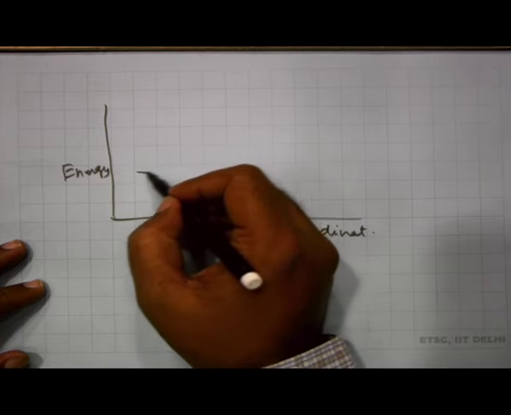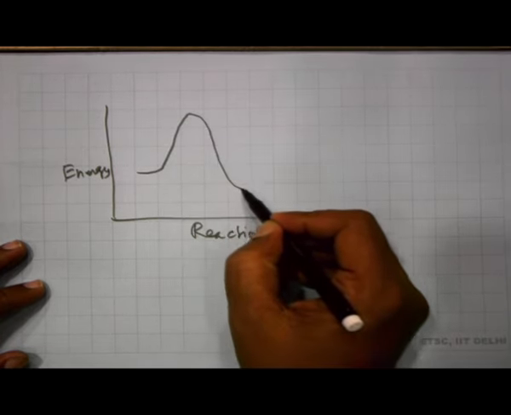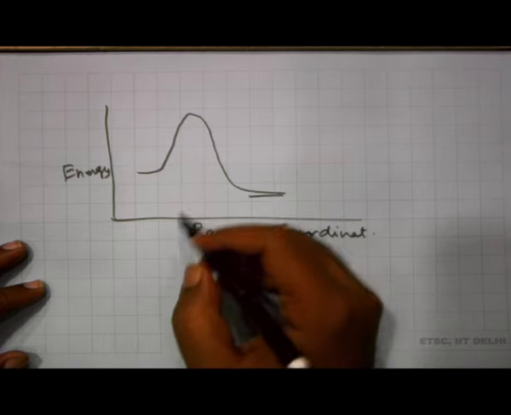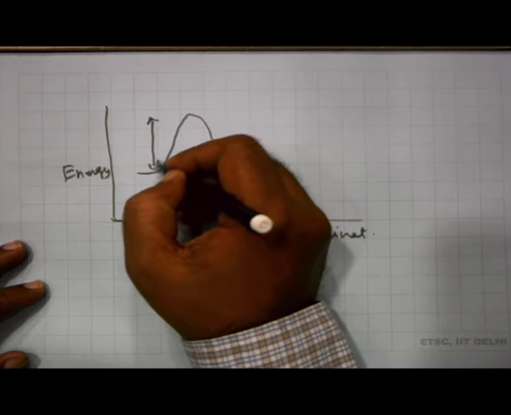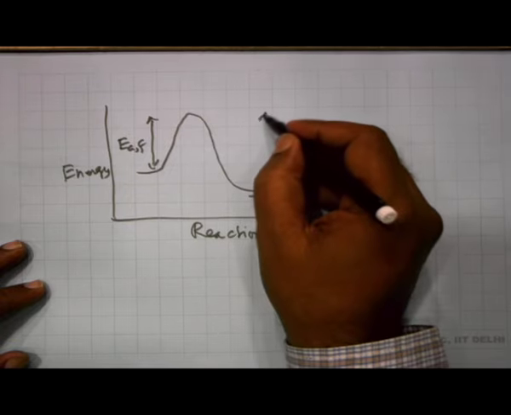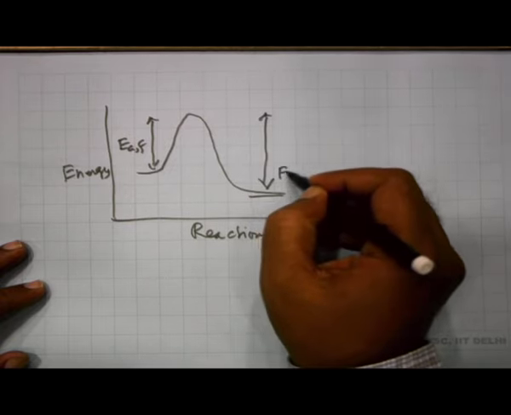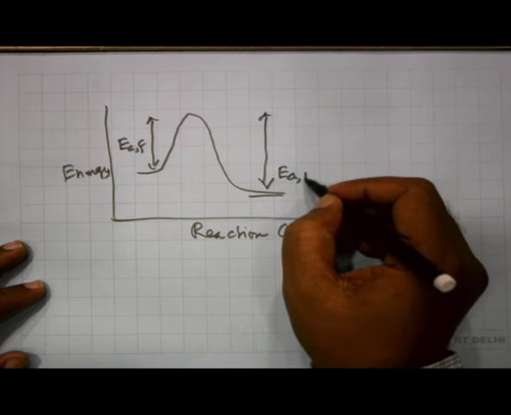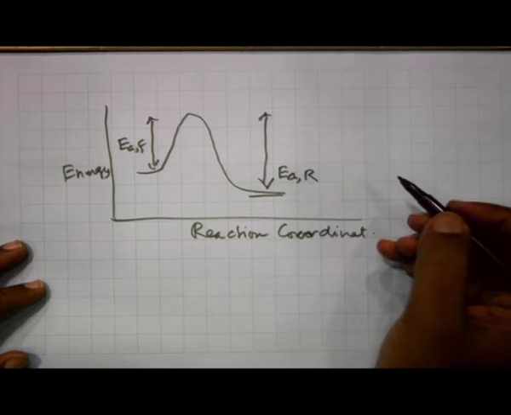You have this kind of curve when there is no catalyst, and this is activation energy for forward reaction, this is activation energy of reverse or backward reaction.